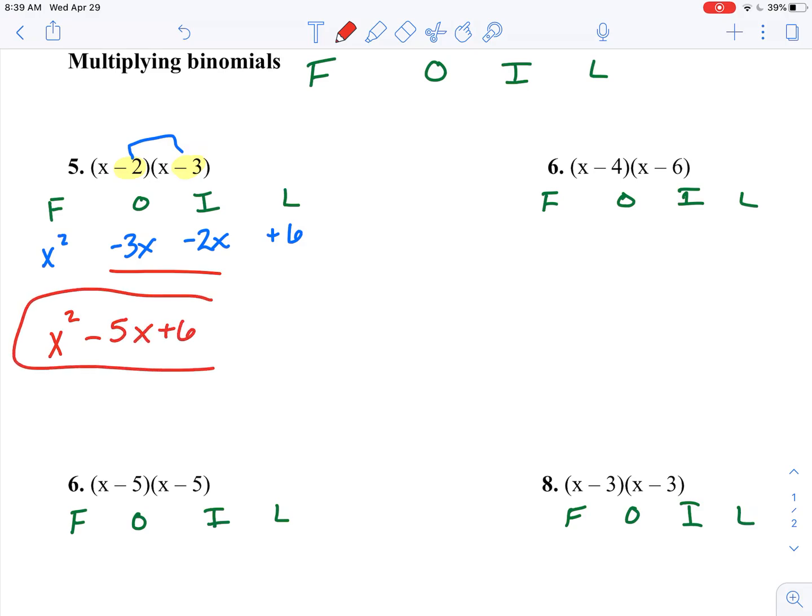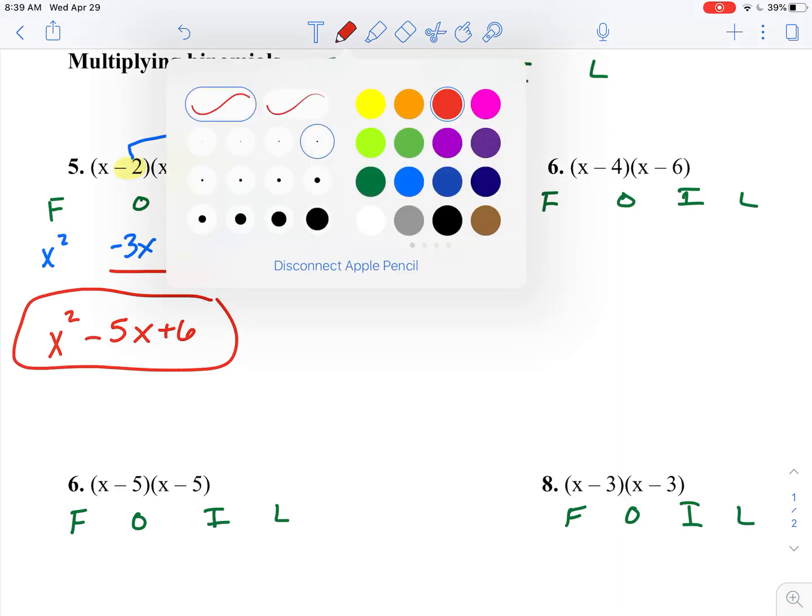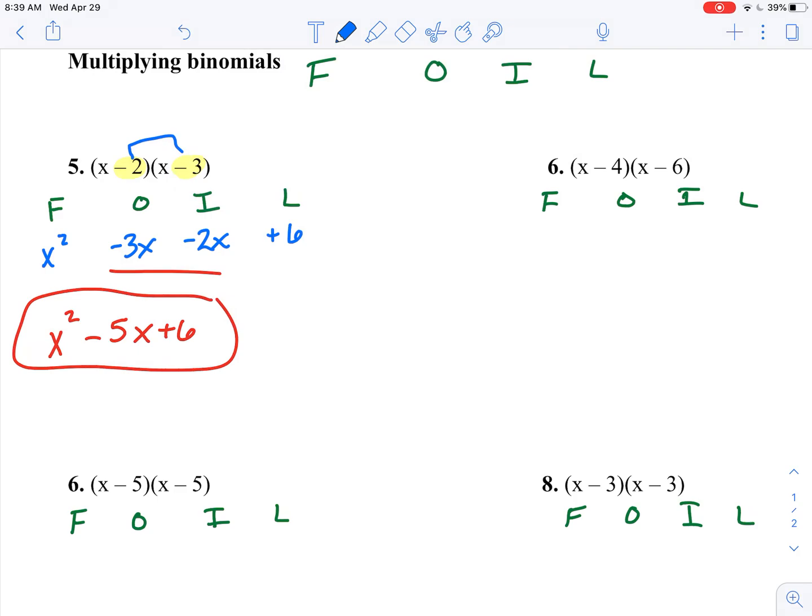So just like we did yesterday, we're going to combine our like terms. I've got x squared, and here I'm adding negatives together, so -3 plus another -2. This is going to be -5x plus 6.